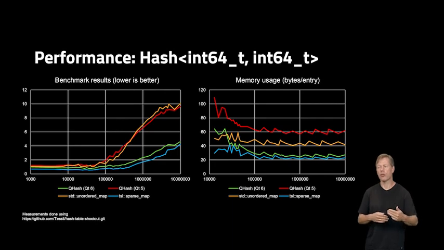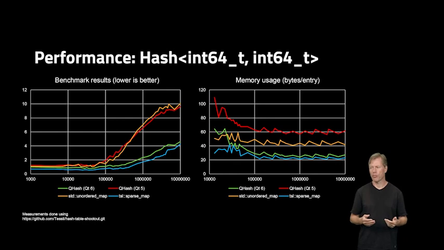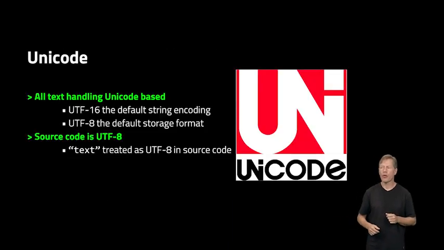If you do that for a very long time, performance would degrade and you would get some other problems. We've solved those with QHash while still keeping the performance at pretty much the same level as the tsl sparse map. Let's move on then to the next topic, Unicode and text handling.